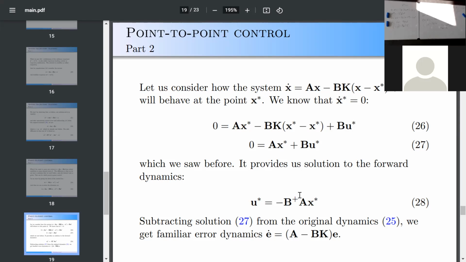We can try to find a different form to write this, but equation 28 as a solution for equation 27 is the only possible solution. You can add null space solutions to it, so you can find bigger u stars which would do the same thing. That will go into this discussion in the coming weeks. But basically, k has no place here, is my take.